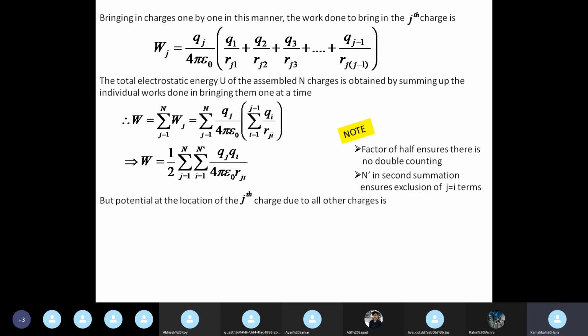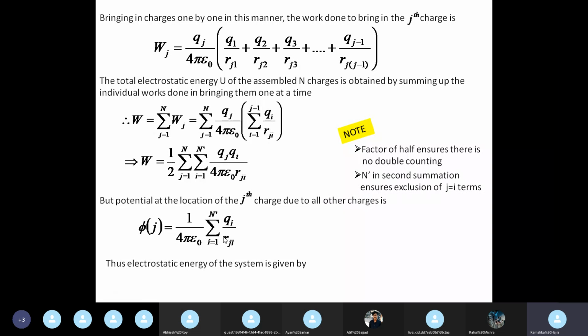Now, potential at the location of the jth charge due to all the other charges can be written as phi j equal to 1 by 4 pi epsilon naught summation i equal to 1 to n prime qi by rji, which is this term over here.